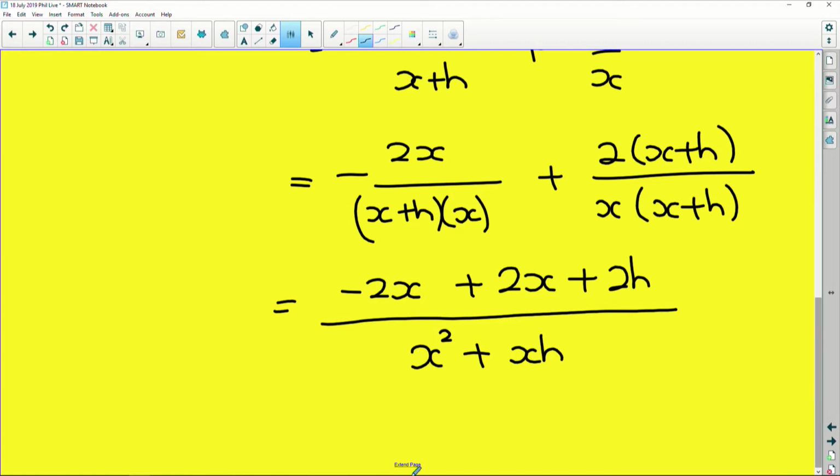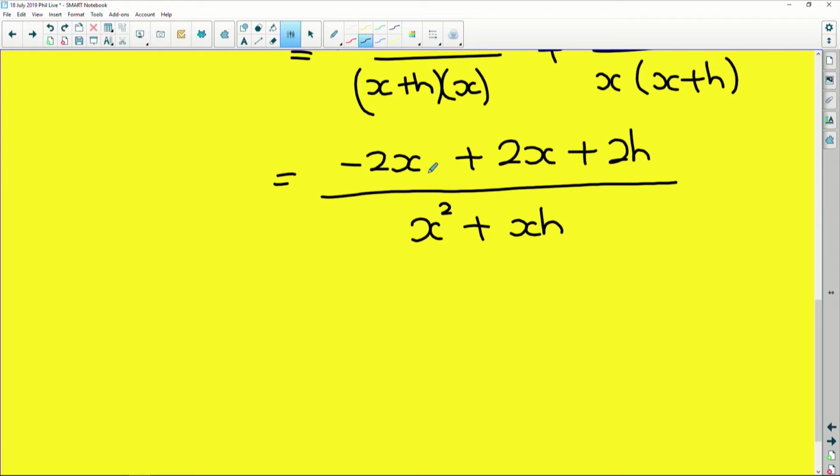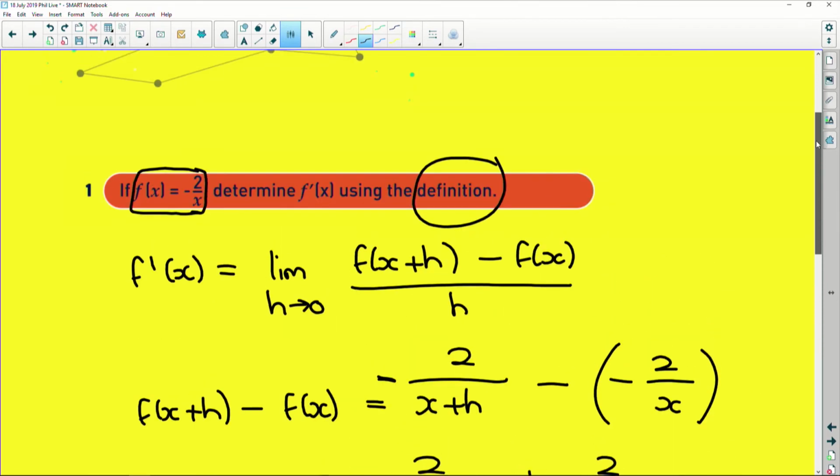Okay. We can lastly simplify this by saying negative 2x plus 2x gives us 0 plus 2h. So the numerator simplifies to just 2h, and we're left with a denominator of x squared plus xh. Okay, and that is equal to this numerator at the top here of our limit.